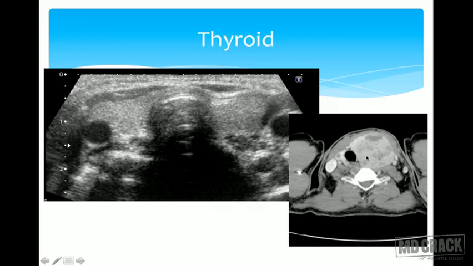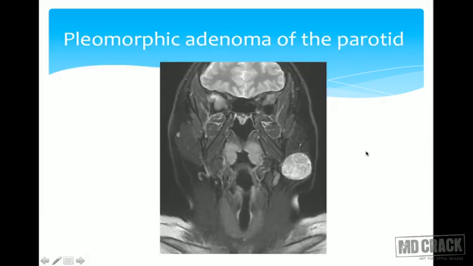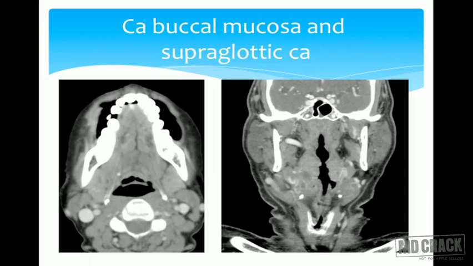This is a CT appearance. This is another patient with a pleomorphic adenoma of the parotid gland. This is an MRI appearance. This patient had a well-defined solid appearing lesion within the ultrasound. For head and neck malignancies like the oral cancer, there's a buccal mucosa cancer, the buccal mucosa, and this is a supraglottic cancer.